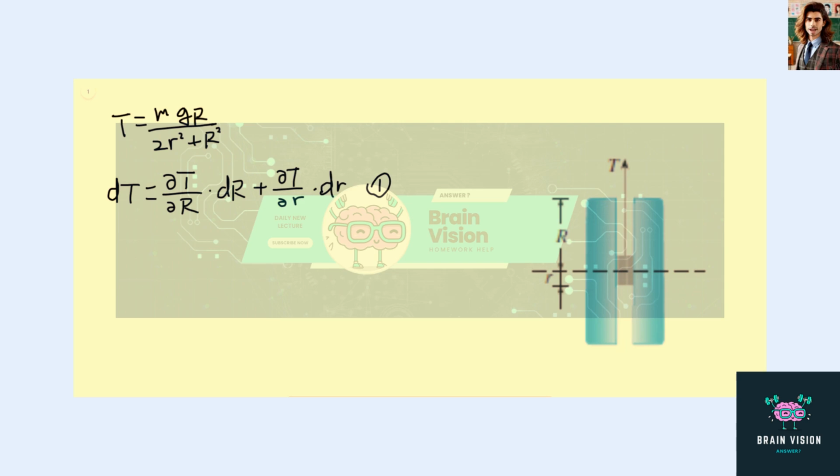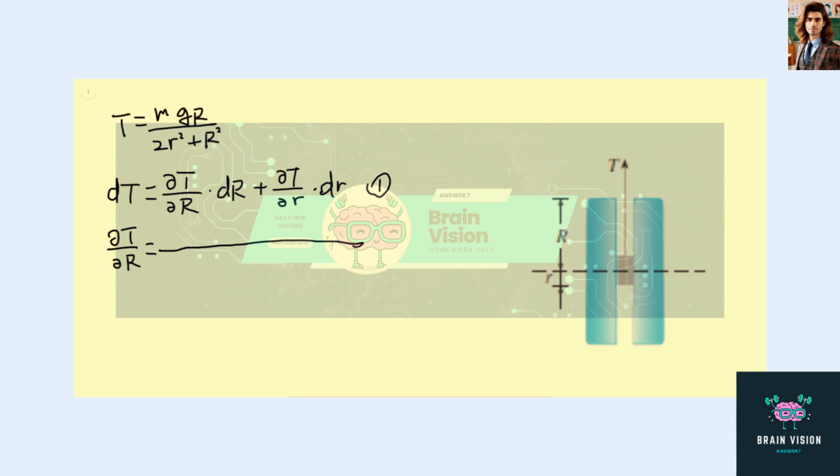So now we want to figure out what is the partial derivative of tension with respect to uppercase R and lowercase r. Partial T partial R can be calculated by thinking of lowercase r as a constant and uppercase R as a variable. So now we use the quotient rule.